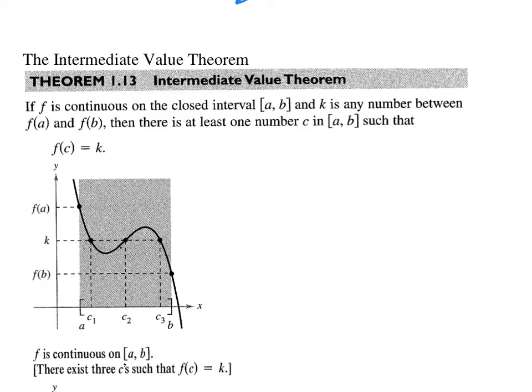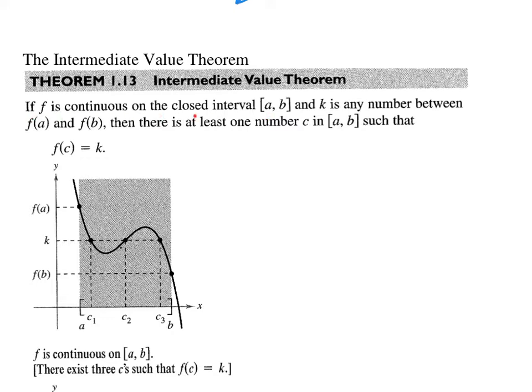And then over here on the right-hand side at B, if the limit of the function as x approached B from the left-hand side equaled f of B, then we said that it was continuous from the left at B. So once you said that, okay, it's continuous on the open interval, it's continuous from the right at the left side, and it's continuous from the left at the right side, then we know it's continuous around the closed interval.